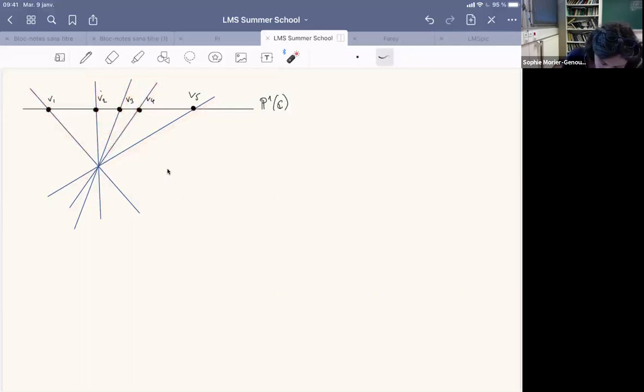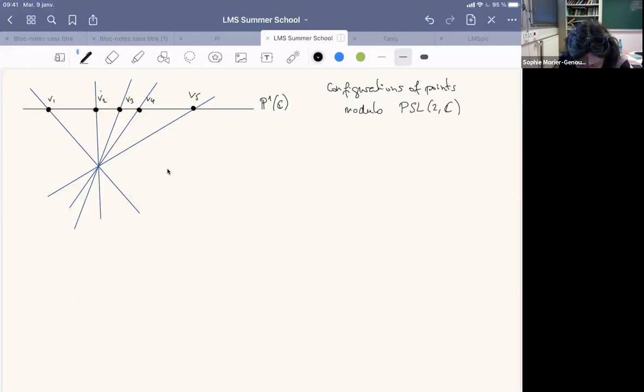And we want to consider this configuration of points modulo the action of the projective transformations, PSL2 over R. Maybe you know that if you choose 3 lines, you can always send 3 distinct lines to 3 distinct lines by a matrix of PSL2.